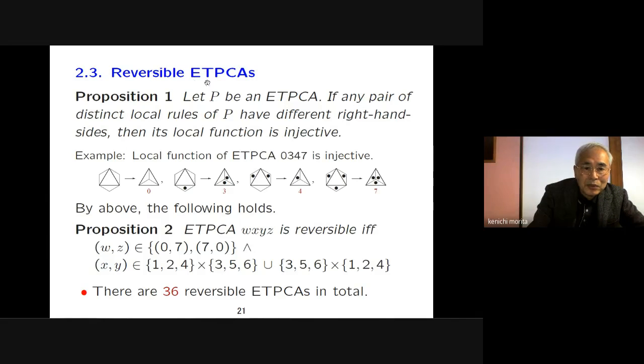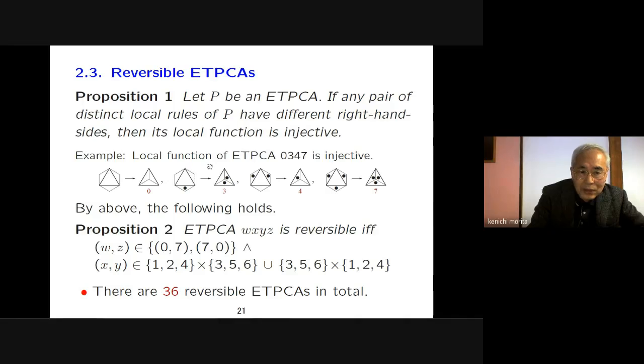Reversible ETPCAs are as follows. We can see proposition 1 very easily. Let P be an ETPCA. If any pair of distinct local rules of P have different right-hand sides, then its local function is injective.